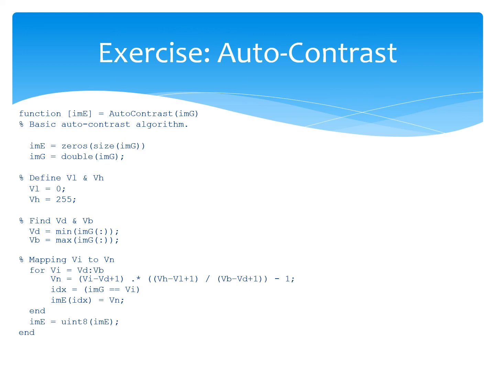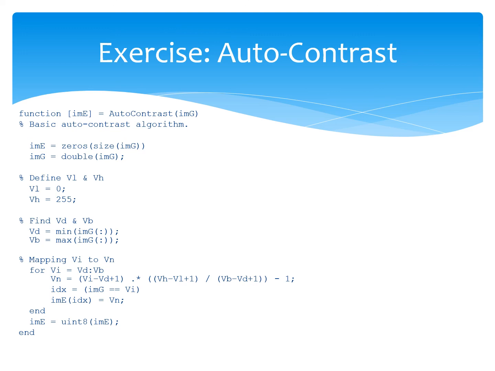Intuitively, in the auto-contrast function, first, we need to avoid loss of precision when performing mapping. Thus, we need to convert IMG from uint8 data type to double. Second, we can set the VL, VH, Vd, and Vb accordingly.